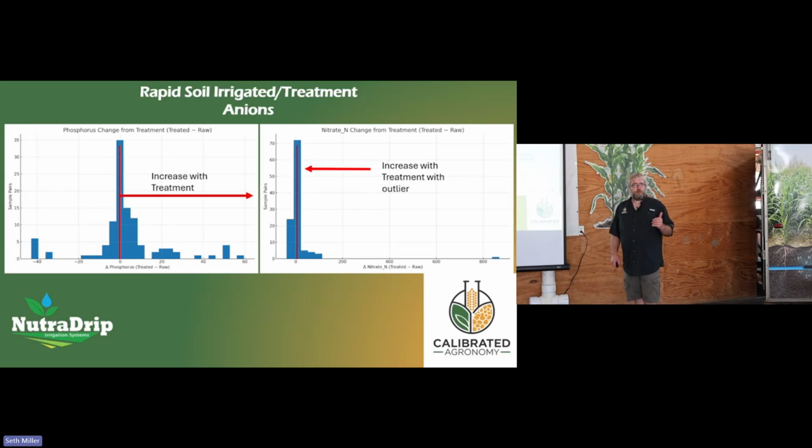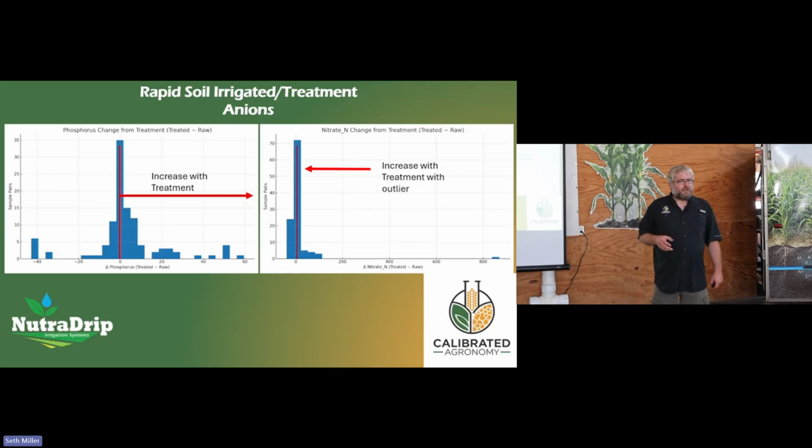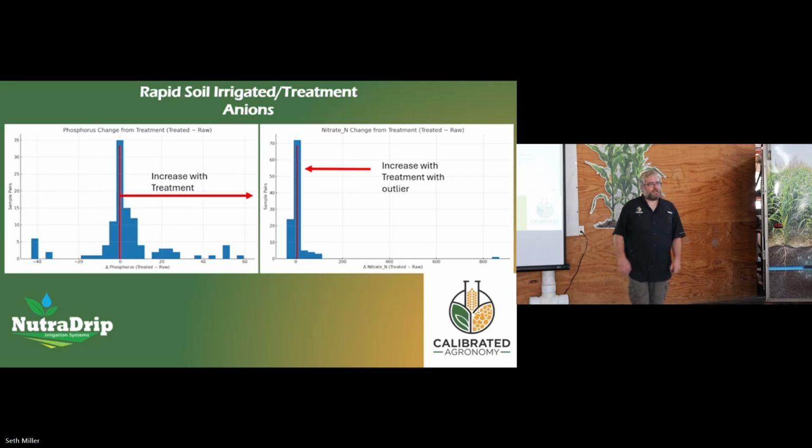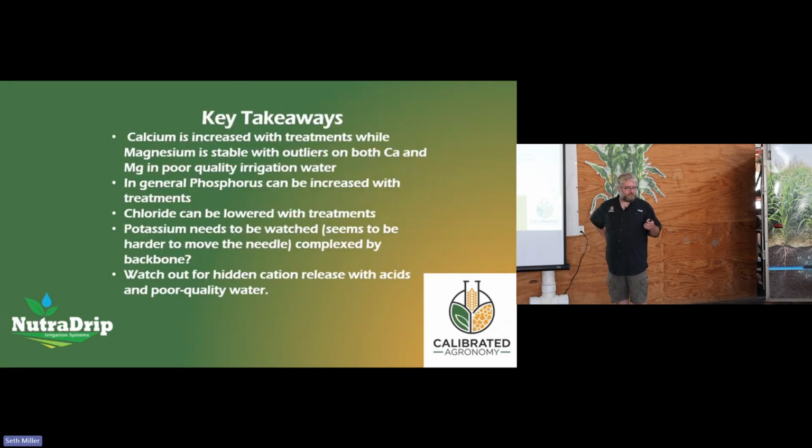And the form kind of matters. When we get into some soils, it takes more and some it takes less. Like my sand example, if you have good water quality on a sandy soil, we can change that mineral balance pretty easily. So calcium's increased. We increased calcium pretty effectively with treatments. Mag's pretty stable.